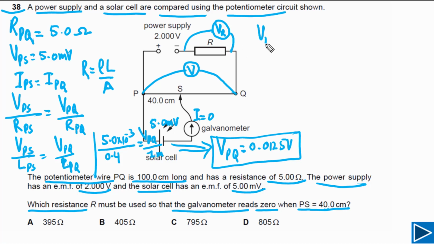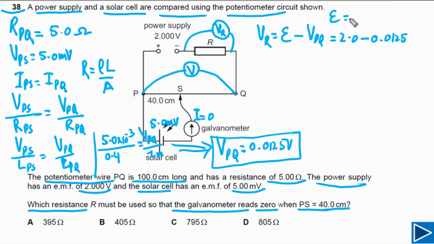So VR simply will be equal to the potential difference across this, or we can simply say this will be equal to EMF minus potential difference across PQ. EMF is 2.0 volts, so we can subtract 0.0125. This is the PD across PQ.